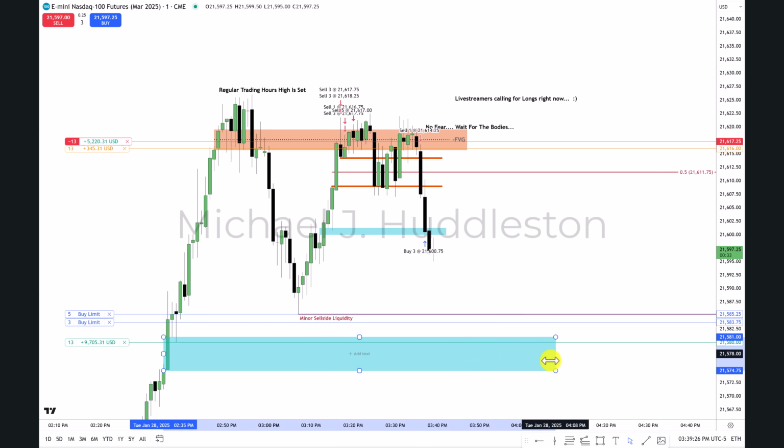Let me drag this out here a little bit more. Get it set on 4 o'clock. And come on. There you go. So any retracement in here will fulfill the sell side imbalance, buy side inefficiency, and the volume imbalance.